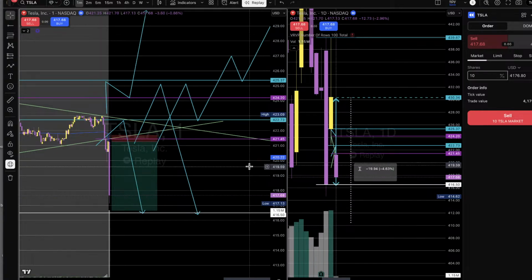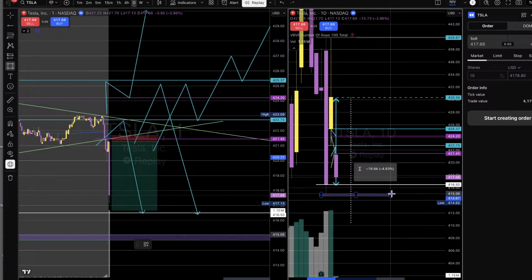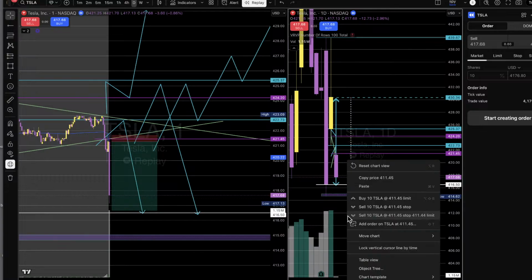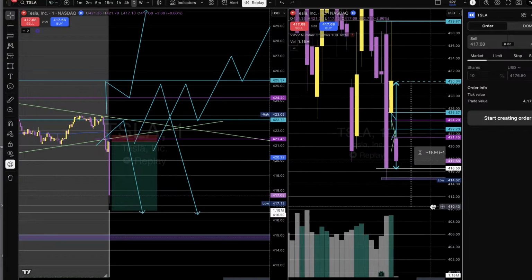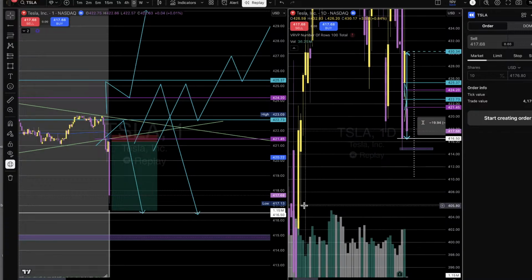But okay, now that we're there, can we find another entry? Maybe bounce off the low of that room to move, or it could even continue lower if we have more room to move, which we do. Look at all that room. We have all this room to go down.